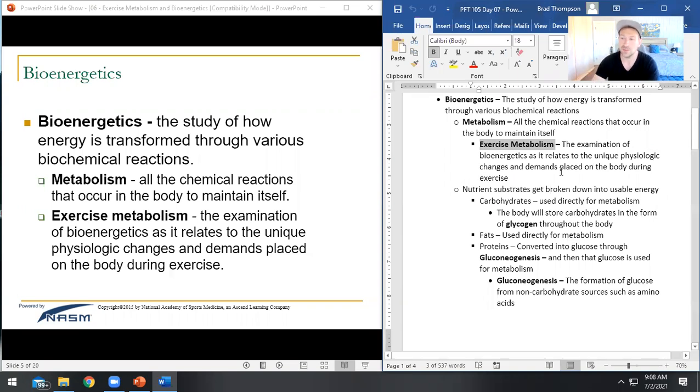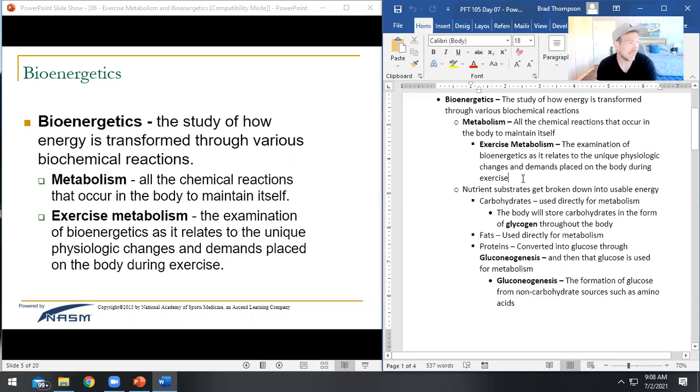Your exercise metabolism is the examination of bioenergetics, how energy is transformed through various chemical means, as it relates to the unique physiologic situations that we are putting our body in while we are exercising. So exercise metabolism is literally how your metabolism reacts when you are exercising, right? Very different than just regular old metabolism.